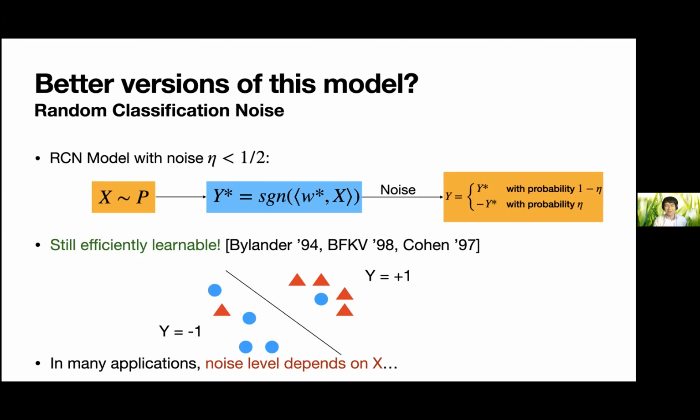So they tend to make mistakes on those X more often than for the common X. And that's just one example. Another thing that can happen is that for difficult examples near the decision boundary, maybe you make more errors on those. So there's a variety of reasons why the noise level might not just be a constant. And that's probably the main criticism of the RCN model.